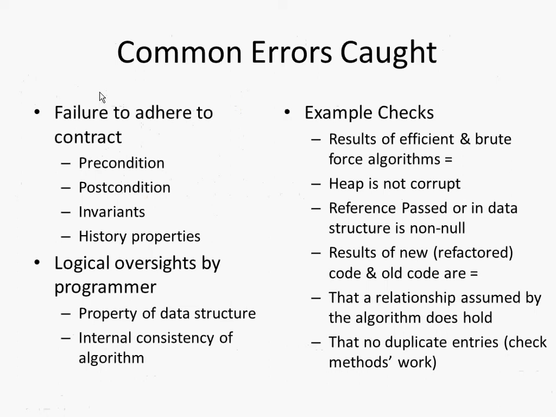Postcondition. So your code supposedly does something. Maybe your code computes the square root of a number, and you can actually assert that the number you're returning, if you square it, is very close to the number that you were given as your argument. So if you're given an argument x, and you're returning some double precision value, call it d, then you want to make sure that d times d lies within a very close level of x.